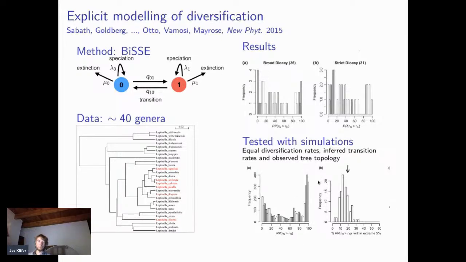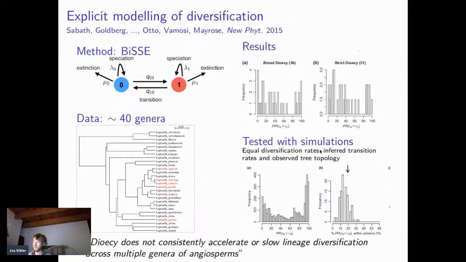But they were able to check this using their simulations. So their conclusion was that dioecy does not consistently accelerate or slow lineage diversification across multiple genera of angiosperms. So quite similar to ours. So that is for dioecy, what you can do with one trait.